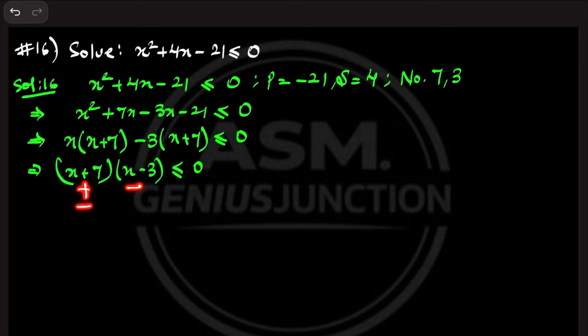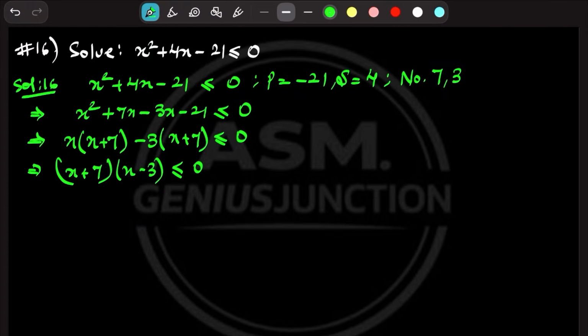And if this is negative, then the second factor needs to be positive. This is the only possibility when we get the answer less than 0. So let's solve this. To find the solution of the given inequality, we will plot a number line, and this is your minus infinity, this is your plus infinity.